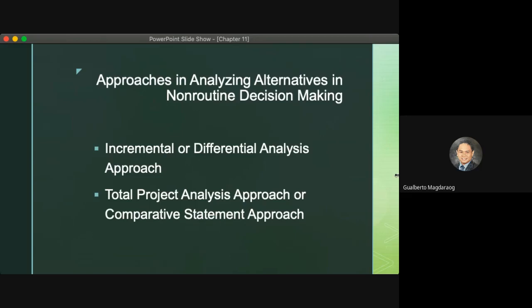Okay, I missed the discussion of opportunity cost and out-of-the-pocket cost. Let me check. Okay, so there is none. Opportunity costs are costs that we forgo because we choose one alternative over the other.